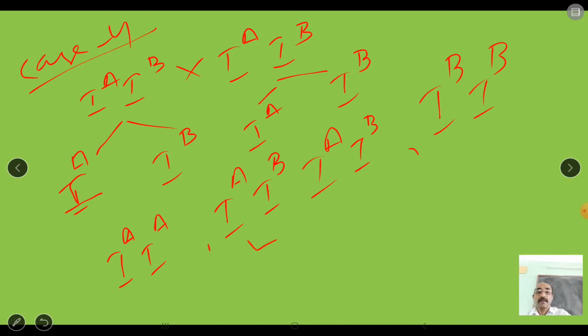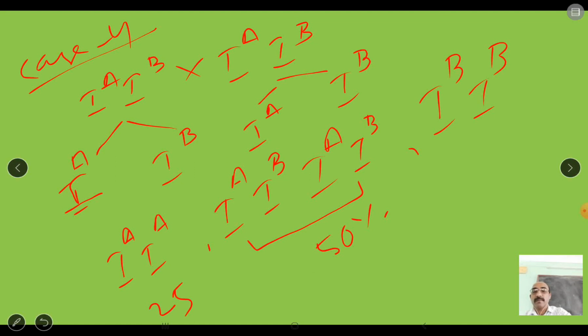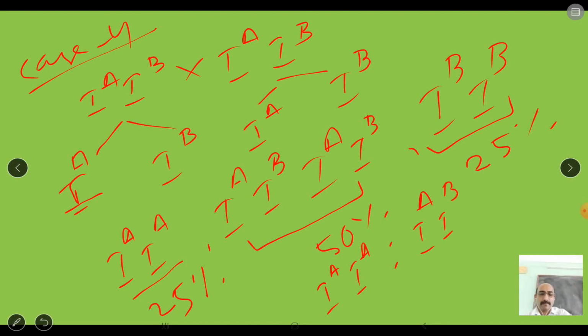So, it will be 25%, 50%, and again 25%. So, I^A I^A to I^A I^B to I^B I^B will be in the ratio of 1:2:1.